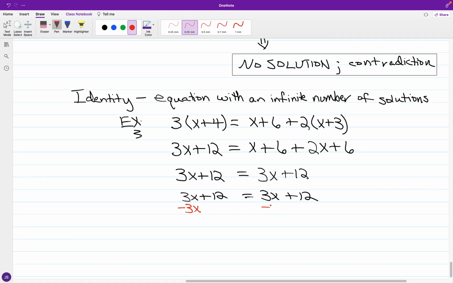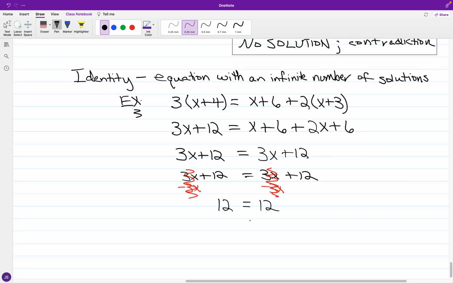If I gather the 3x's, subtracting from both sides, like what happened with 2x, we got a cancellation. But this time around, the numbers that remain, we have 12 on the left, 12 on the right, and this is a true statement.